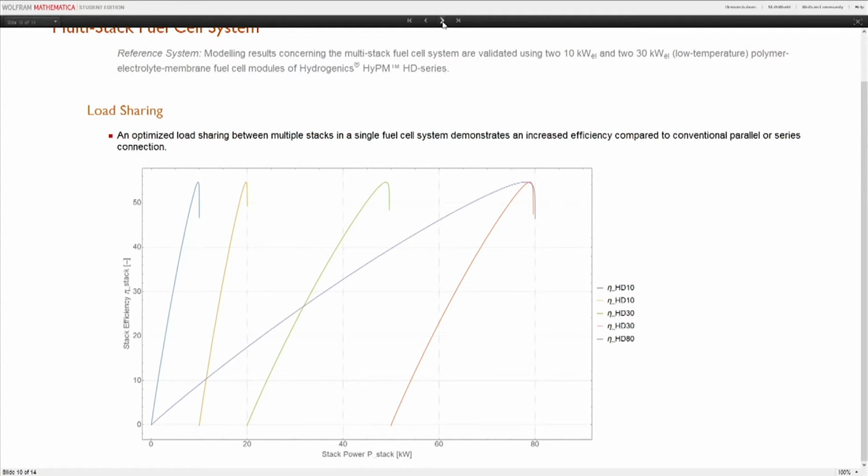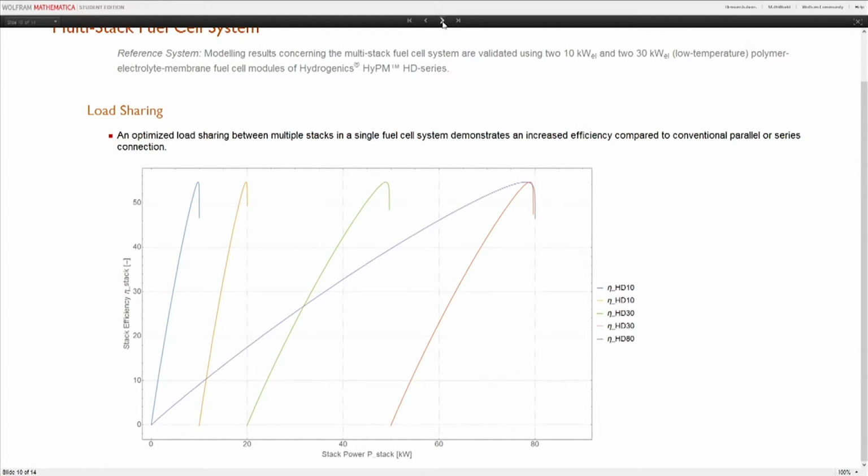So we see, for example, it has the highest efficiency of roughly above 50%, shortly before the maximum power output of 76 or something like kilowatt. And here you see that a 10 kilowatt system actually reaches the highest efficiency shortly before 10 kilowatt. So you see that the single system will not be operated in these regions.